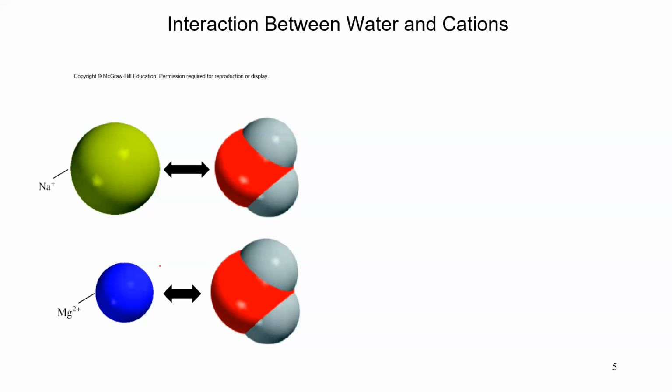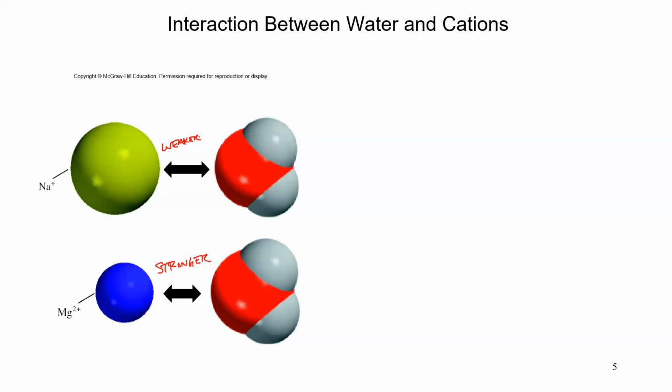There's more positive draw from that magnesium ion, and so this is a stronger interaction. Our ion-dipole interaction with sodium and water is weaker. It's still a pretty strong interaction, but it's weaker than the magnesium interaction.